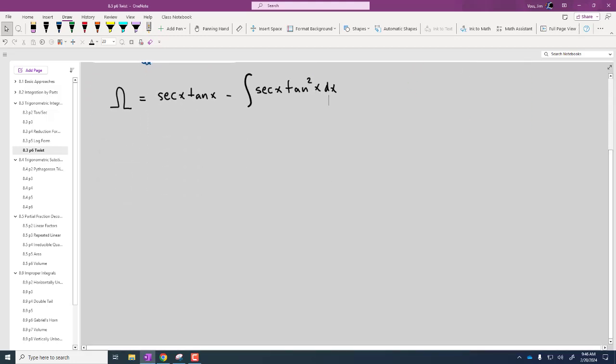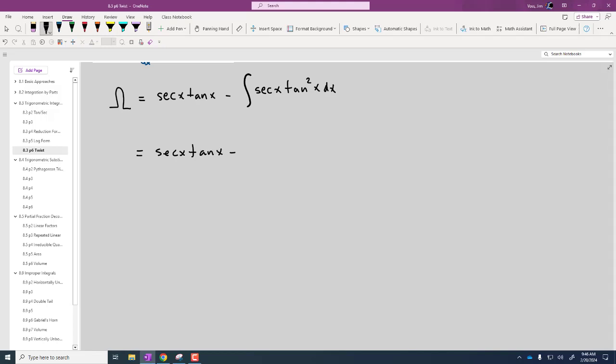So we have this stuff out in front. And in here, we're going to have secant of x and then tangent. So tangent's that vertical side, so it's going to be the hypotenuse squared minus 1. So the hypotenuse is secant squared. So that's secant squared of x minus 1 dx.